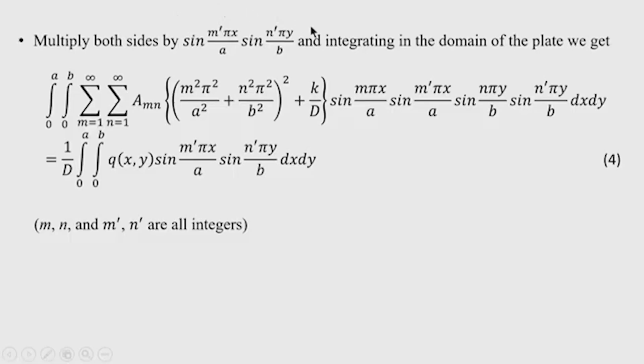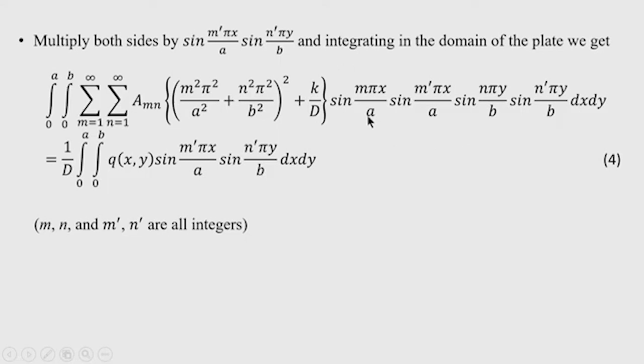So, in the domain of the plate, we integrate the equation after multiplying the full equation with another sin(m'πx/a) and sin(n'πy/b). This term is additionally multiplied here with the original term so that we can make use of the orthogonality condition.